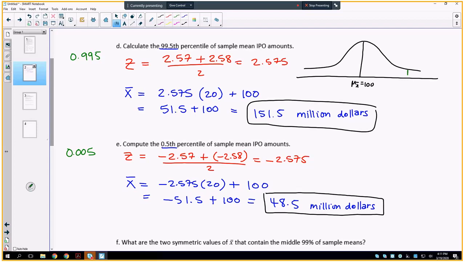We're talking about the 99.5th percentile, so we know we're somewhere way up here. If this blue area is 99.5%, then the red area is 0.5%.